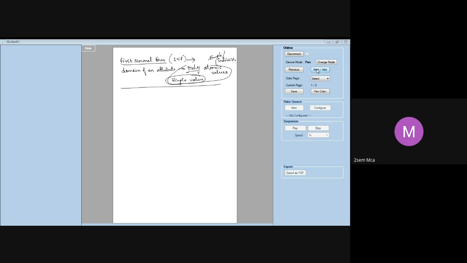It will not accept multi-values for an attribute. If an attribute is multi-valued, then that particular table is not in first normal form.